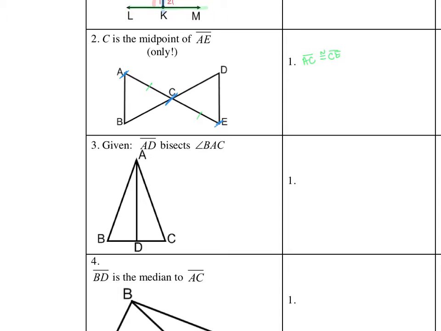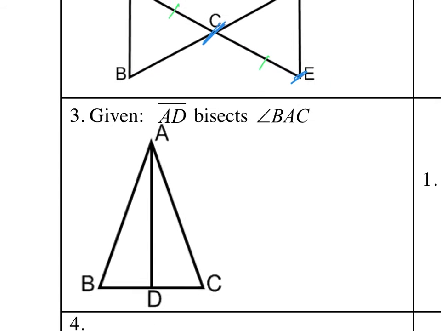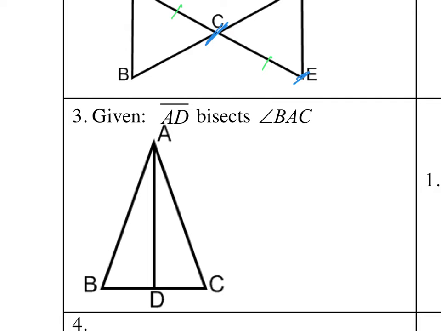Number 3. AD bisects angle BAC. Note this is not a segment bisector, this is an angle bisector. So if I look, here's AD, and it's bisecting angle BAC. So I start at B, go to A, end at C. So I'm bisecting this angle right here.